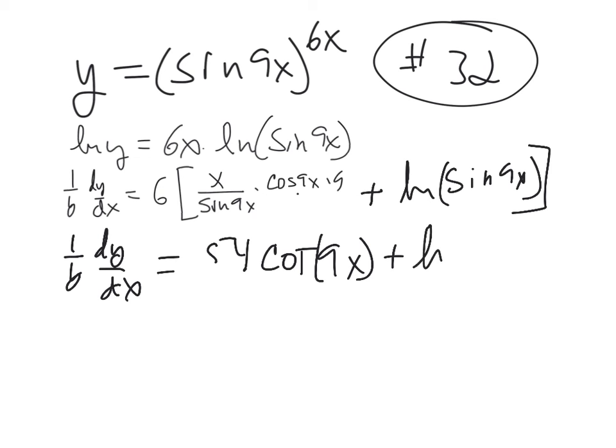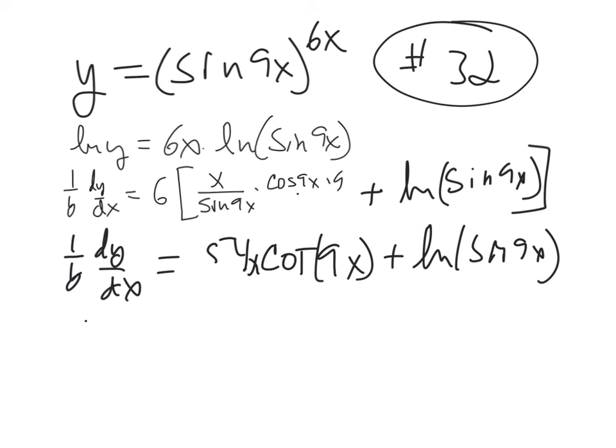Plus the natural log of sine of 9x. And now we're going to multiply both sides by, don't I have an x here? I missed an x here, guys. Sorry. You probably noticed that. See that x? I missed that. I had it included here.